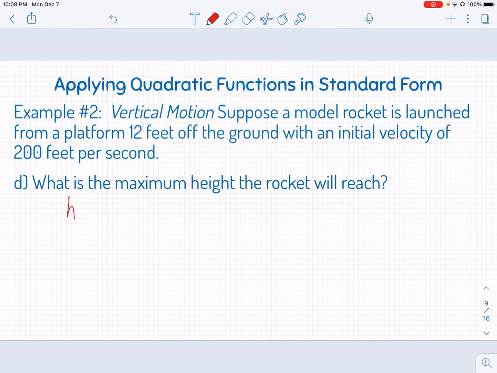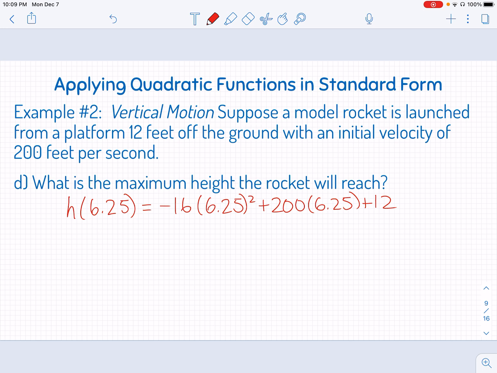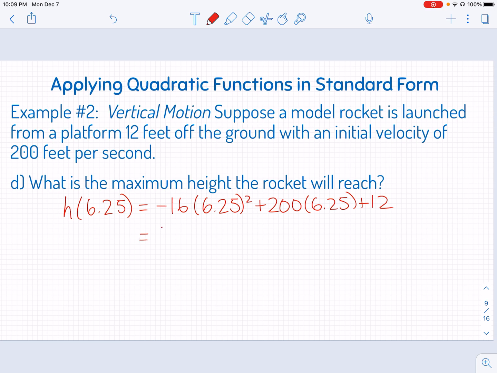So h of 6.25 equals negative 16 times 6.25 squared plus 200 times 6.25 plus 12. And then just like I did previously, I'm going to type that in the calculator just the way I see it. Nothing fancy there. And I end up with a nice clean 637 feet.